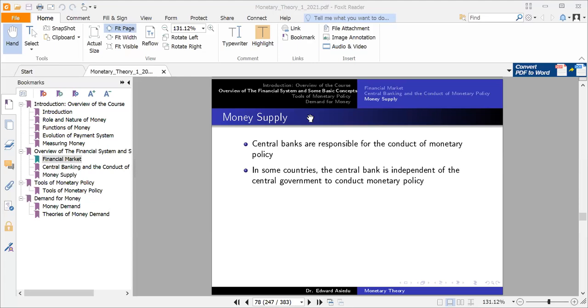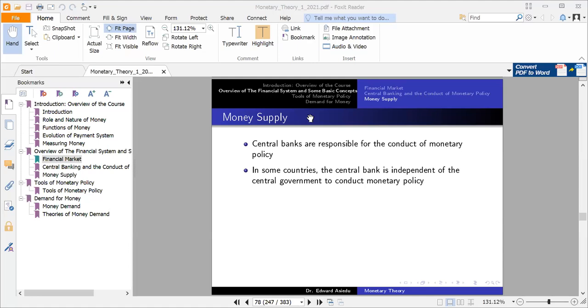Yes, sir, please. As the graph said, when the central bank is independent from the central government, it helps the central bank to implement its policy independently without getting approval from the central government.